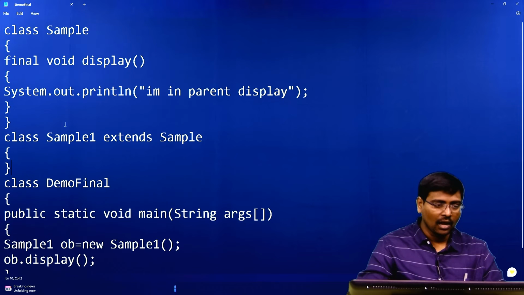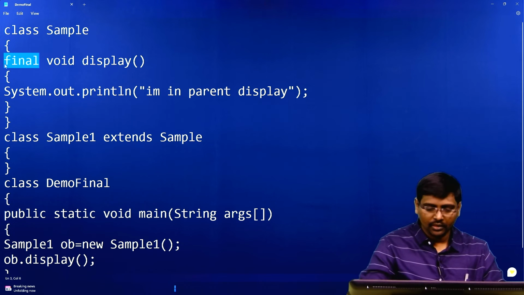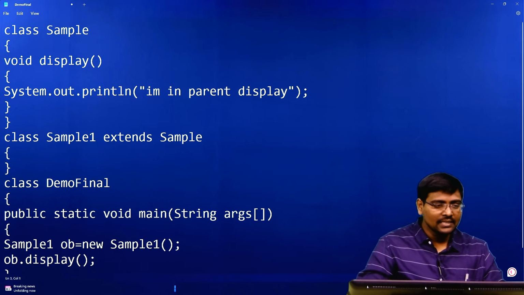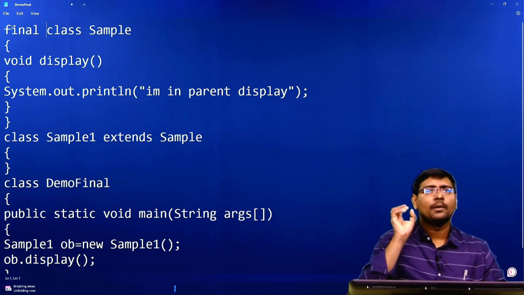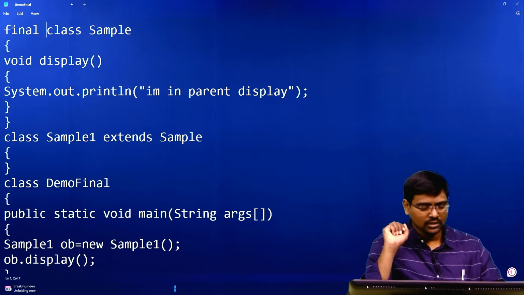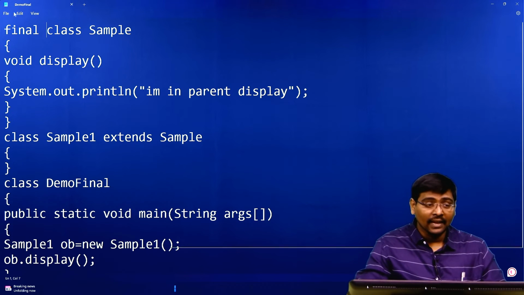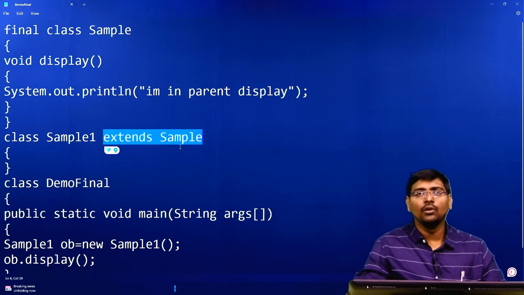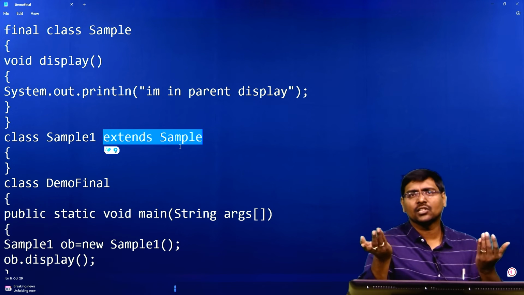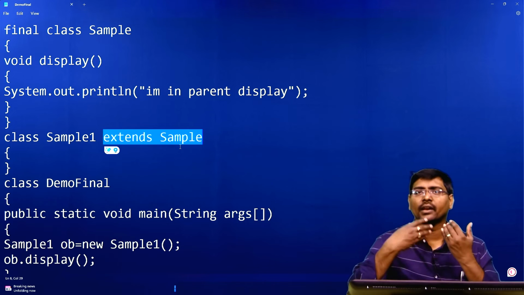And at last, the final is applied to a class also. Before the class, if you use the final keyword, then this class is constant. It is not possible to extend the class. Extension in the sense, once we extend, we can write our own methods.